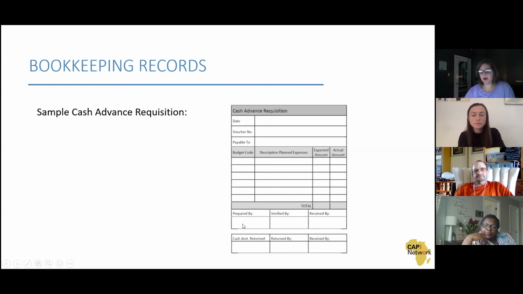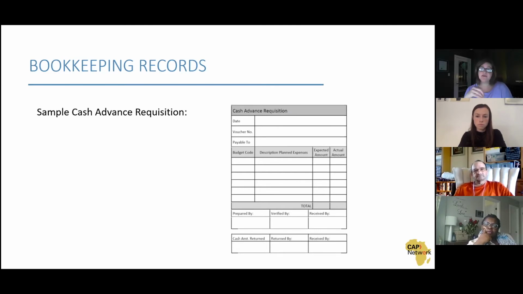So whoever prepared it, usually the person who's requesting the cash, would be filling this out. It would be verified by someone, and there would be a signature here by the individual confirming that they have received that cash, okay? That's really important to have that record, especially when you're dealing with cash, right? You want to have somewhere that indicates somebody has signed to say, yes, I have received this cash, all right?